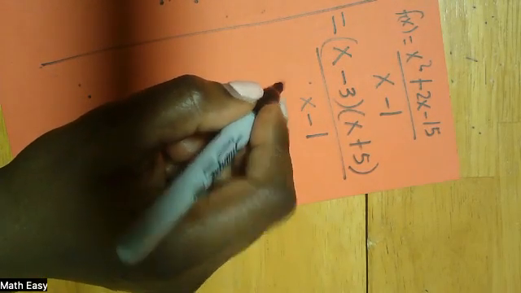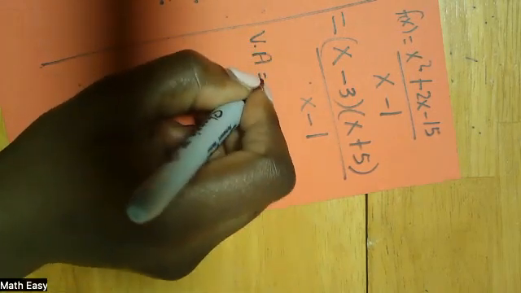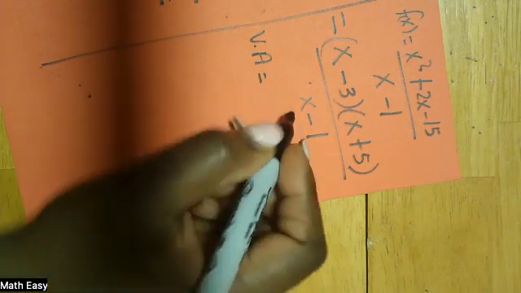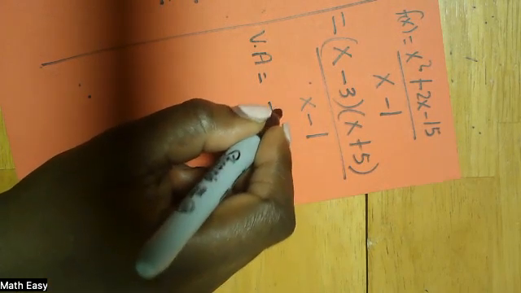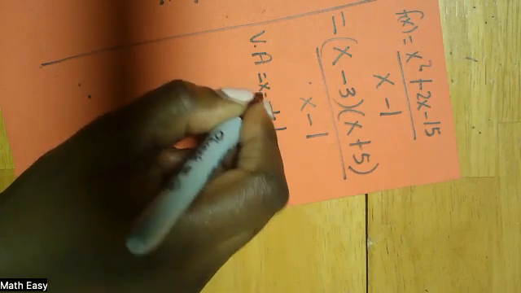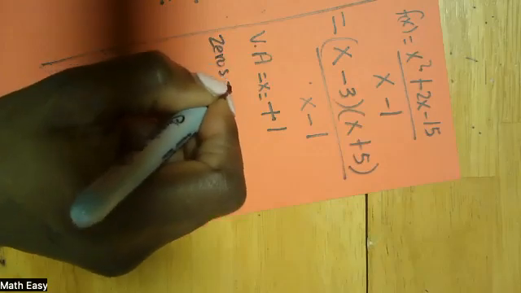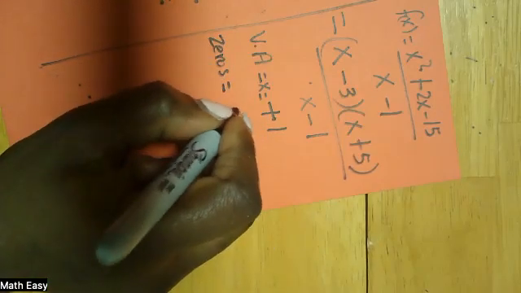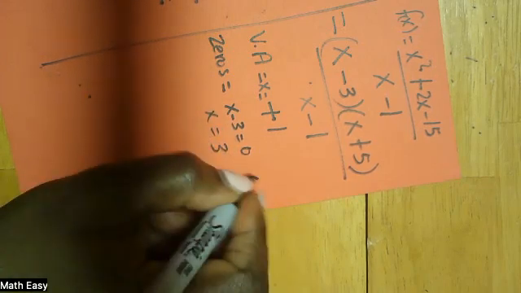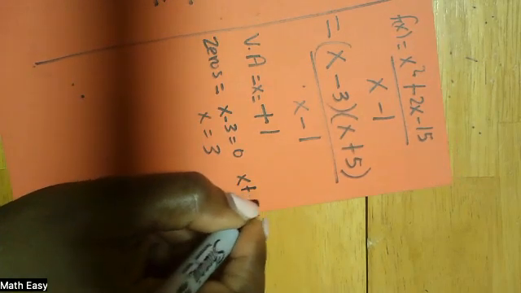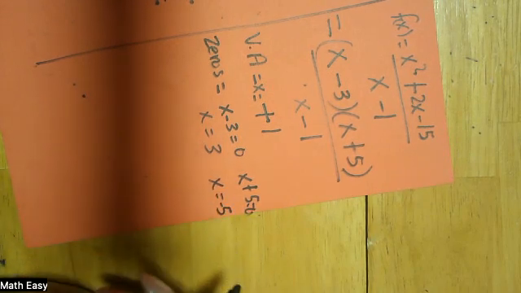Now, we are going to find our vertical asymptote by making our denominator equal to 0. So x is equal to positive 1. To find our zeros, we make our numerator equal to 0. So x minus 3 equals 0, so x is equal to 3. x plus 5 equals 0, so x is equal to negative 5.